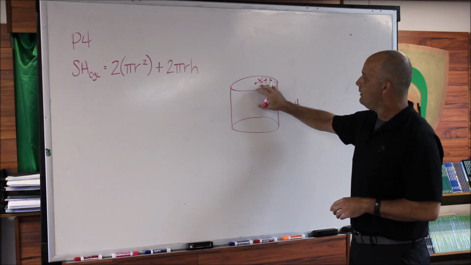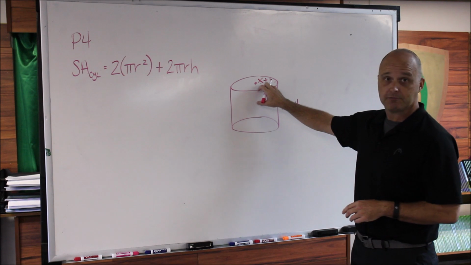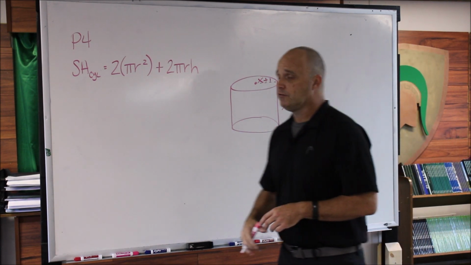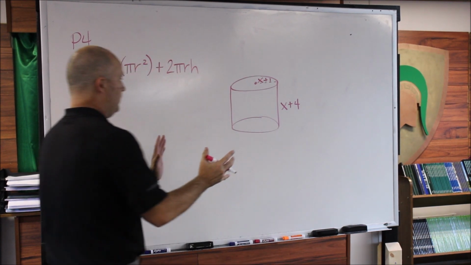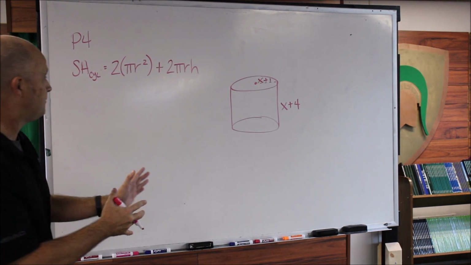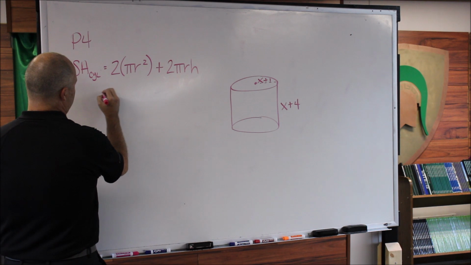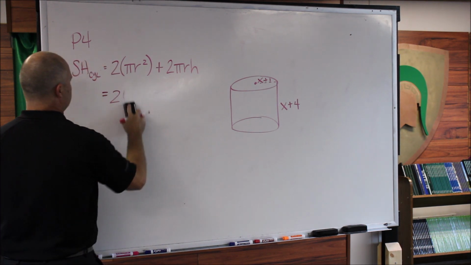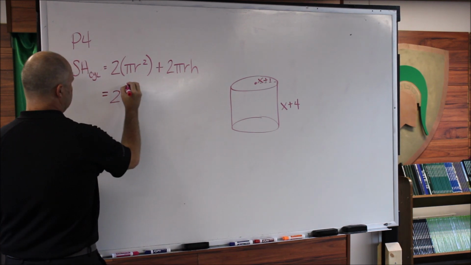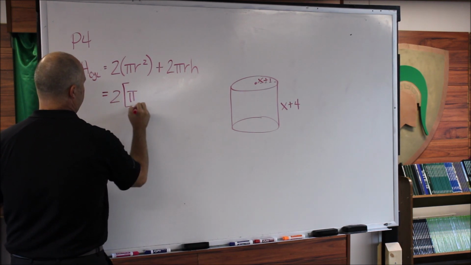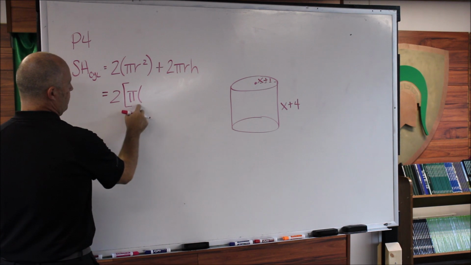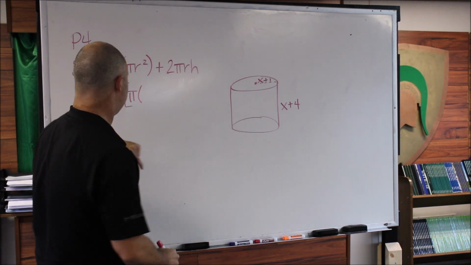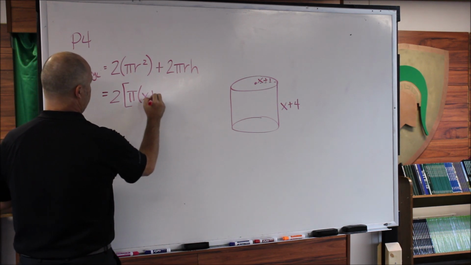Then we're given that the radius of the circle is x plus 1 and the height of the cylinder is x plus 4. So all we're going to do now is substitute in anything that we need to. So this becomes 2 times, and actually I need to change this to a bracket, 2 pi, and then a parenthesis for the radius, because we've got a quantity that we're plugging in for the radius, so we definitely need to have parentheses for this.